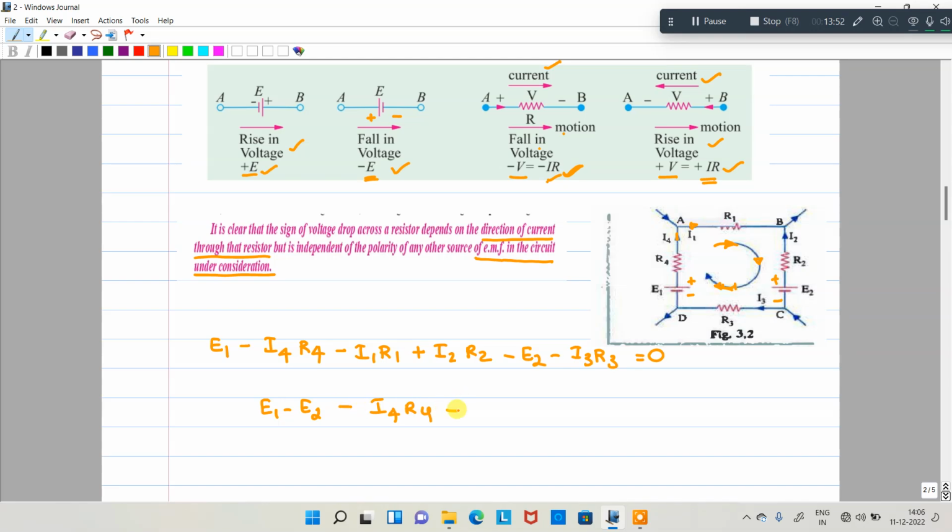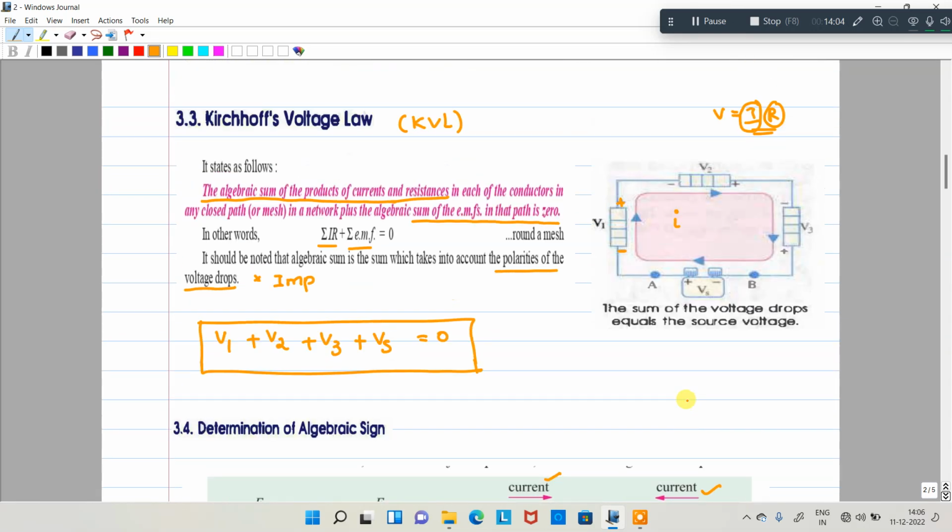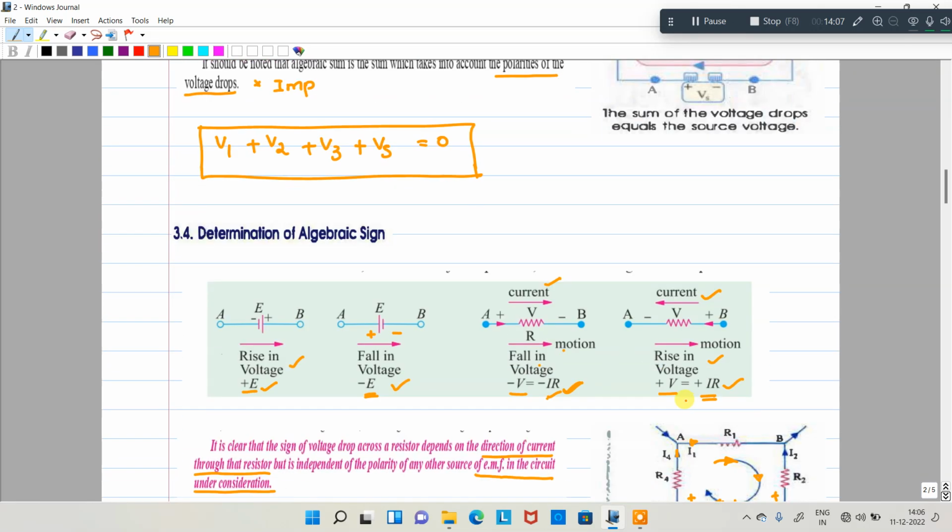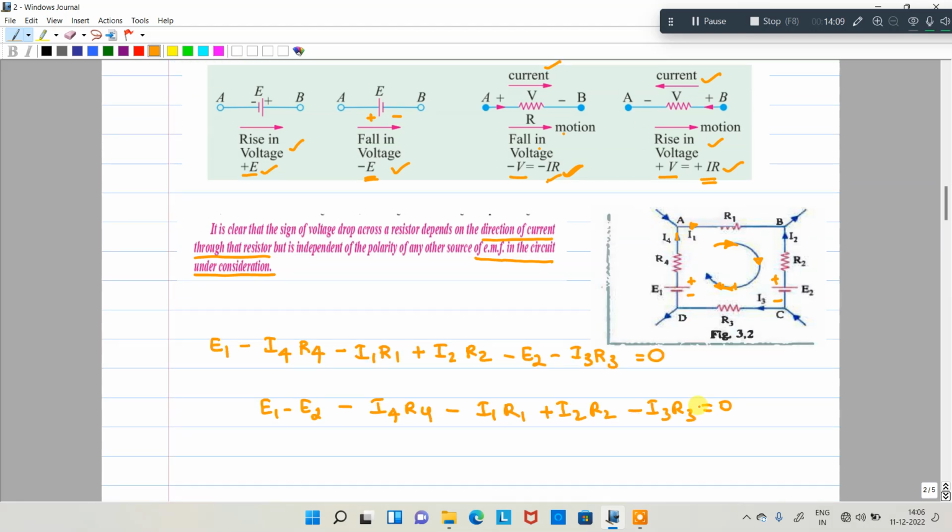Minus I4 R4 minus I1 R1 plus I2 R2 minus I3 R3 is equal to 0. Okay, this is about the KVL explanation. I hope everyone is clear about this explanation of the KVL.